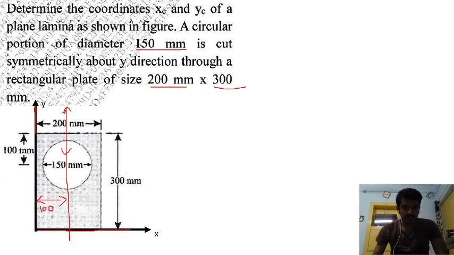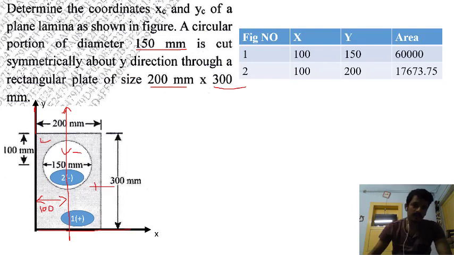Now this rectangle is the hatched area, so that will be the positive area, and this circle will be the negative area. So this one is positive area and this is negative area. Then we can make a table like this. Figure number 1 is the rectangle 200 by 300.